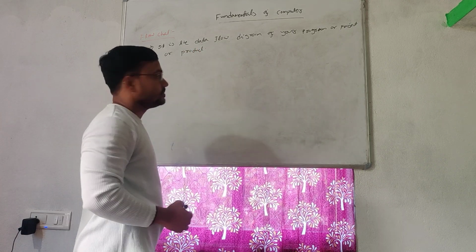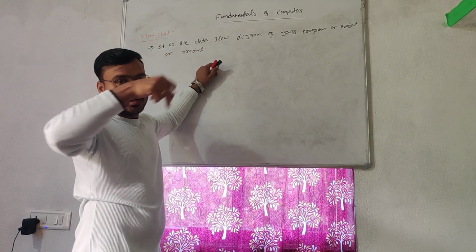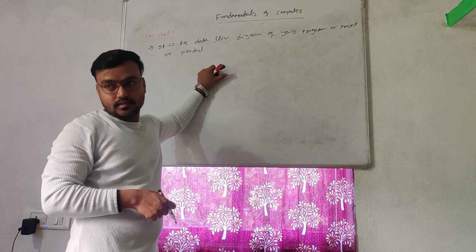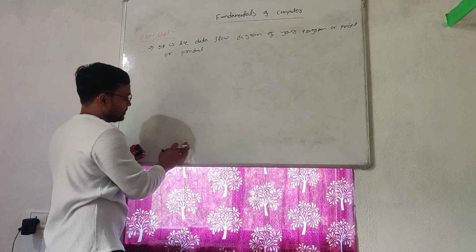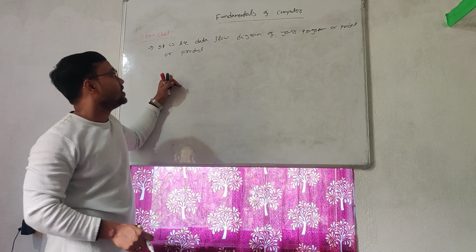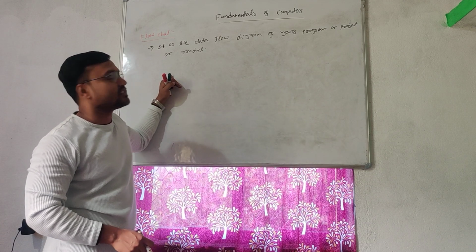Okay. Data flow diagram means how the data is flowing under your program. Okay. Next. So in flowchart we are going to use some predefined symbols.